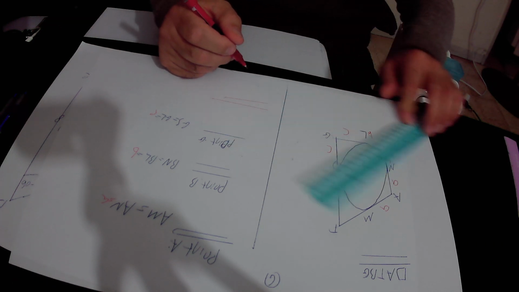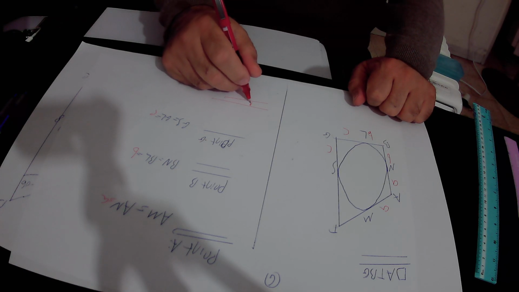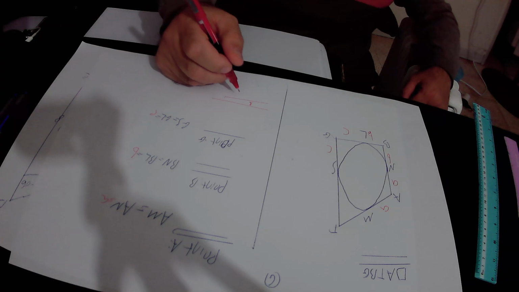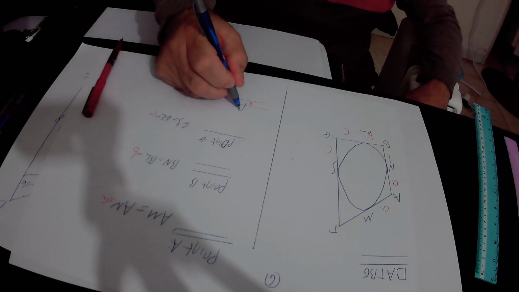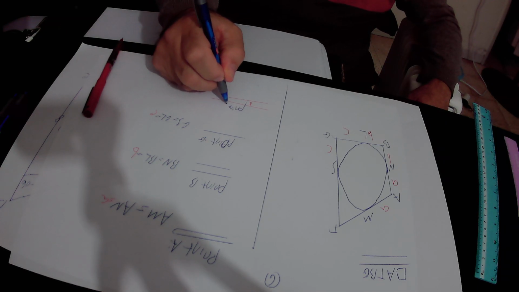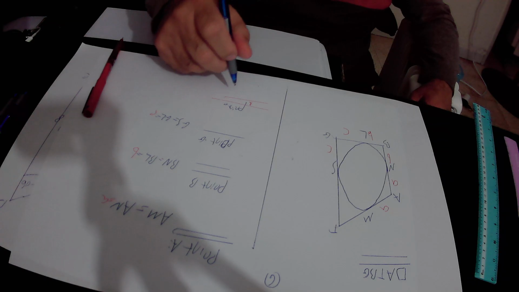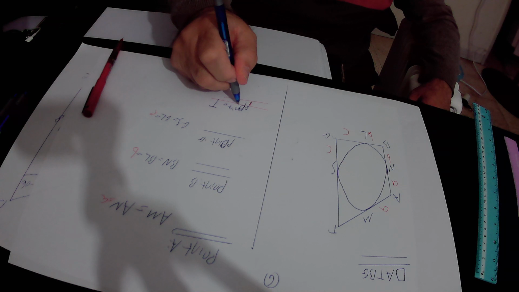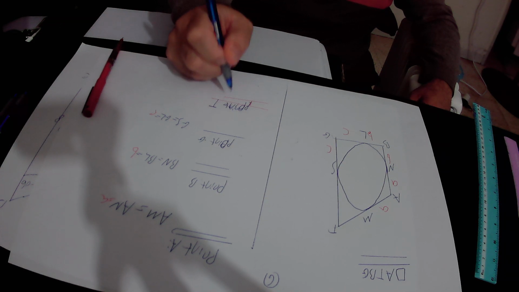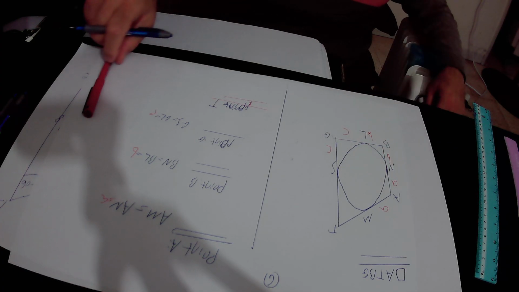Finally, we focus on the common external point T. On the common external point T, we have two tangents to the circle, tangent TM and tangent TS, and according to rule number 2, they must be equal to each other.